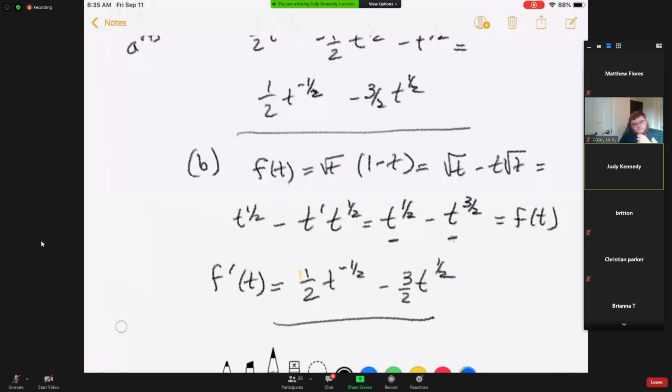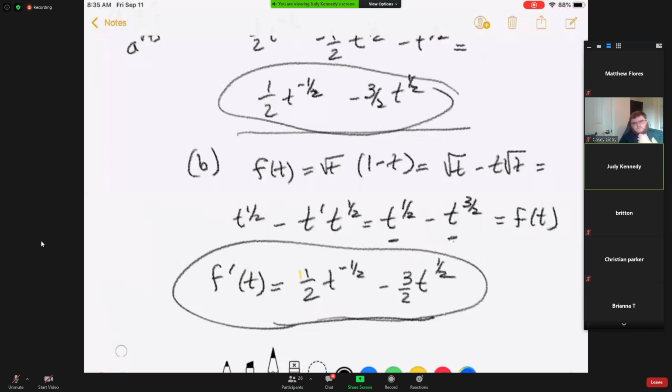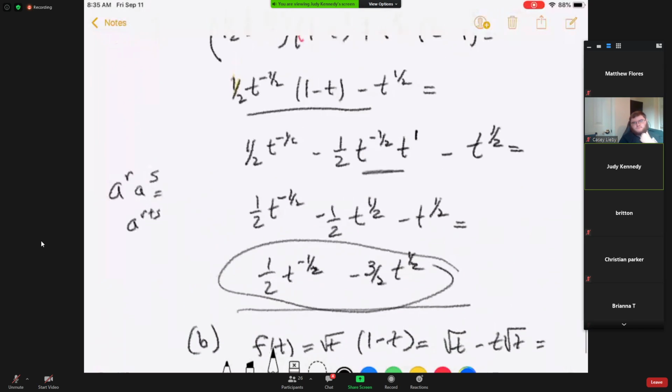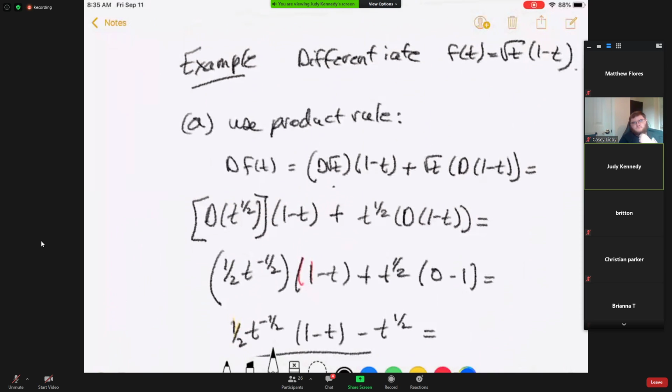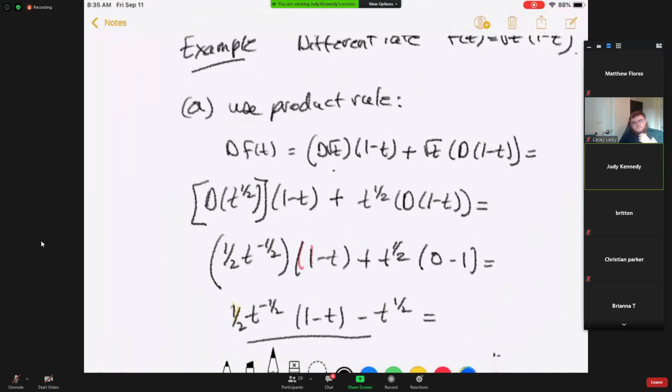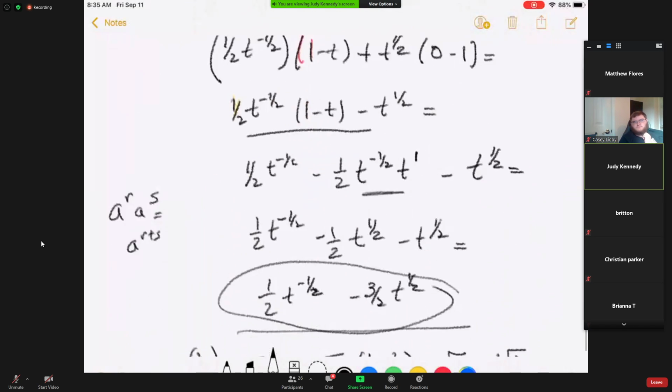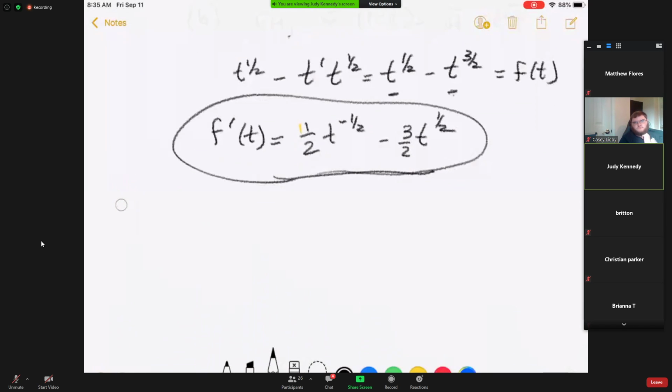And okay, notice we got the same thing here as we did above. So you could have done it in two ways, depending on how you wrote your function. Let's do a problem. Any questions before I go further?